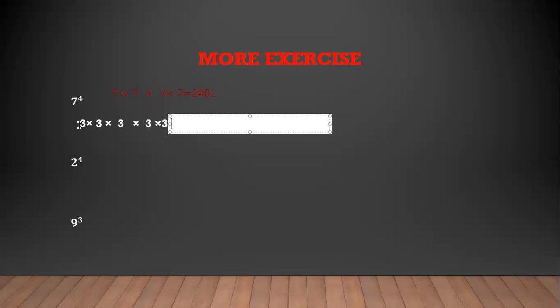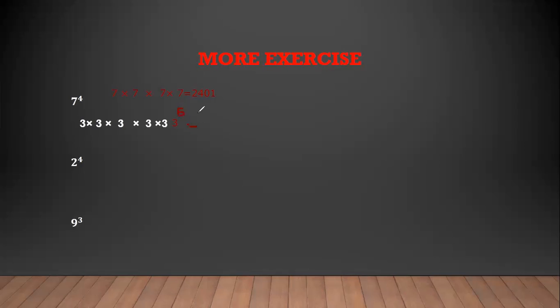Next example, 3 by 3 by 3 by 3 by 3. What's the base value? Excellent, the base value is 3. How many times is it repeated by itself? 1, 2, 3, 4, and 5. So the power or exponent is 5.